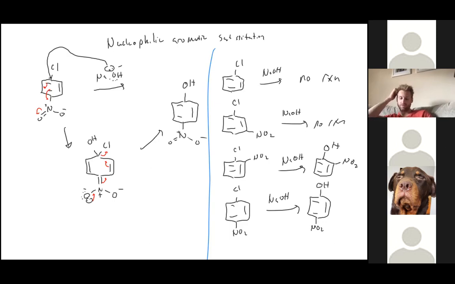So having either ortho or para will allow us to do this reaction. If it's meta or if we don't have a nitro group on there, it's just not going to work.